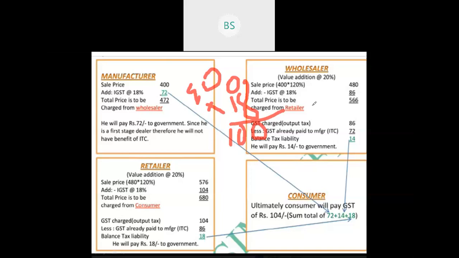Okay, the same 400 is taken and 20 percent is the addition. So 400 and 20 percent is how much? Can you tell me? 400 of 20% is how much? 80.